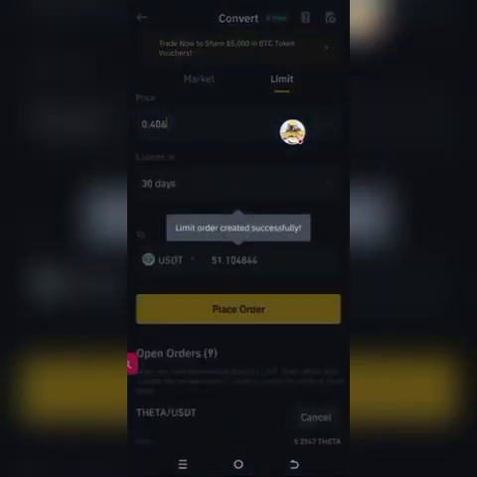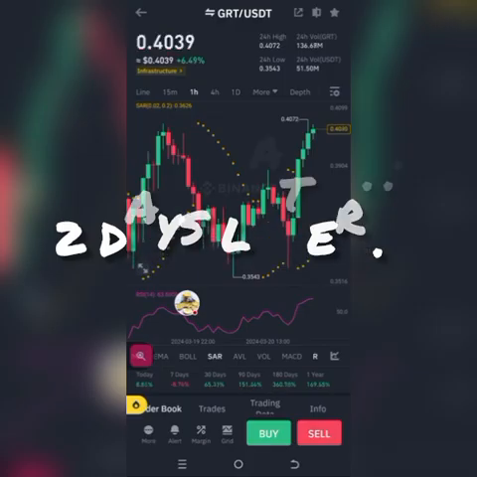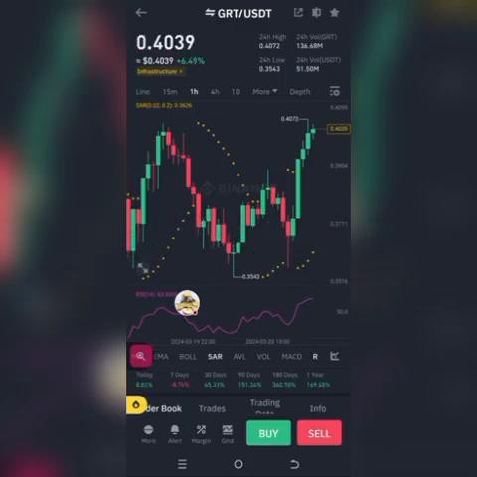Let's see how GRT will perform. And guess what? As always, I want to get started with good news, because good news makes the world go round. As you can see here, this is GRT, and one of the coins that we're supposed to get has already executed.